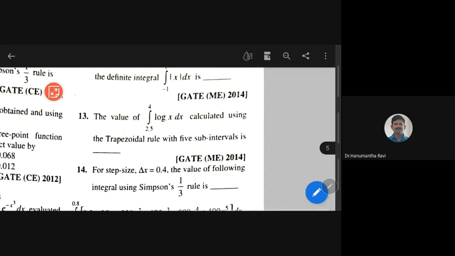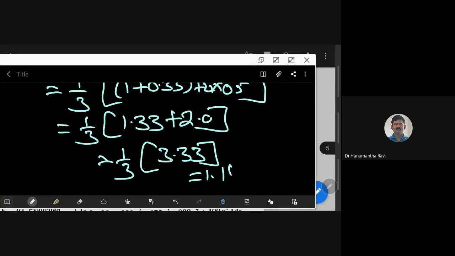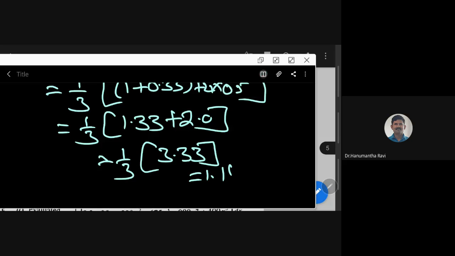For example, I'll take this one, the log x problem. That's on the trapezoidal rule with five subintervals. He says, okay, fine, 2.5 to 4.